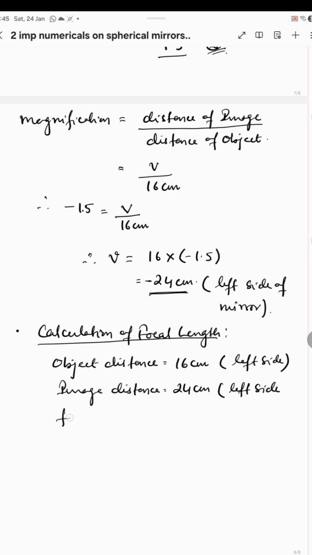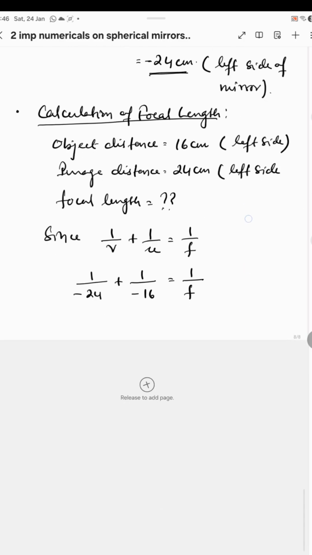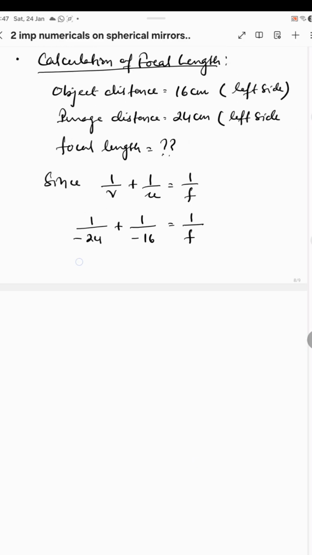Now putting the values of object distance and image distance, we get the value for the focal length, and this is equal to 9.6 centimeter on the left side of the mirror.